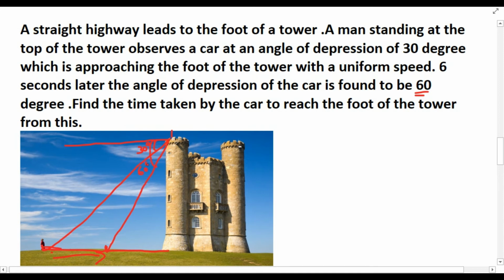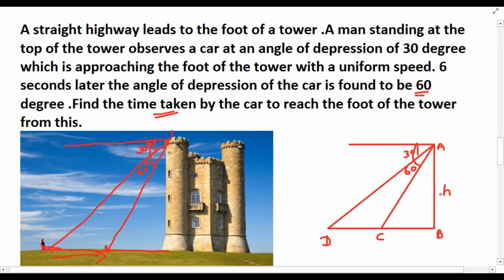We need to find out the time taken by the car to reach the foot of the tower from this point. We don't know the height of the tower. We will take it as h.